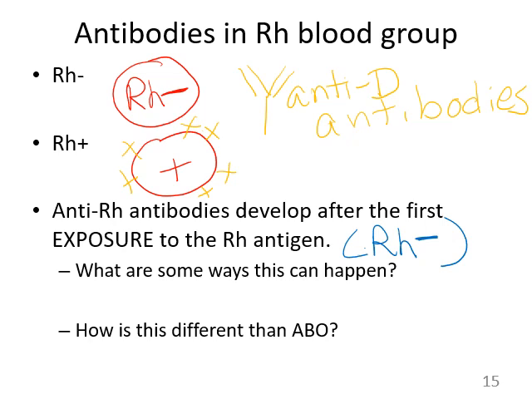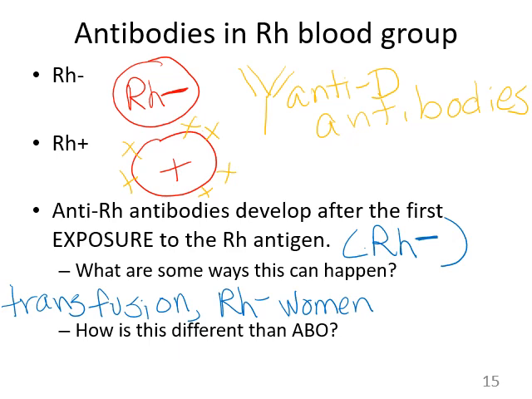How does that happen? You can get a transfusion. It also happens in Rh negative women who give birth to Rh positive babies. And that can happen if dad's Rh positive.